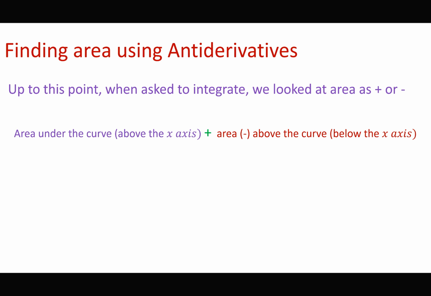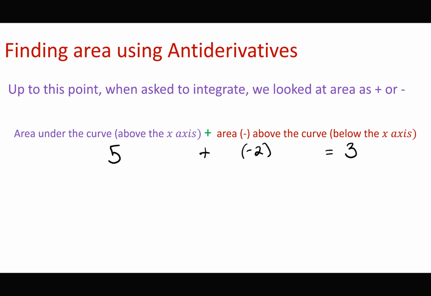What we can also think about is when we integrate, we're finding the area above the x-axis, which we treat as positive, and we combine that with the area below the x-axis. So if my area above was 5 and my area below was negative 2, I would say, okay, the integral is 3.